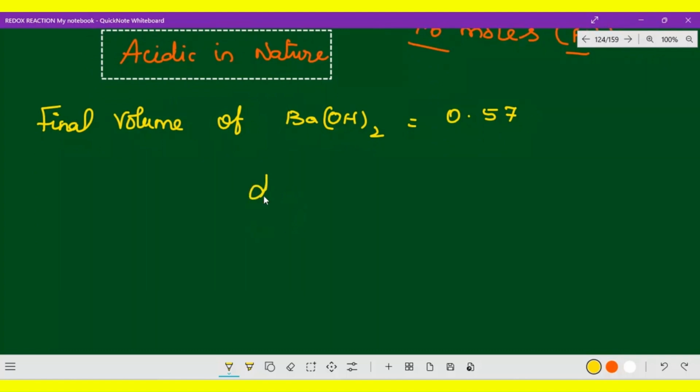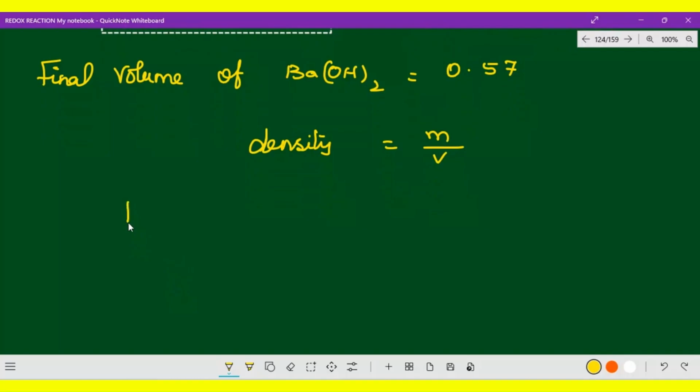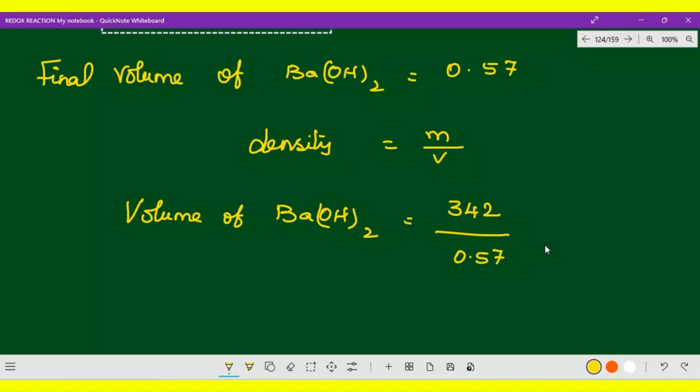So the volume of Ba(OH)2 is 342 divided by 0.57, so you will get 600 ml.